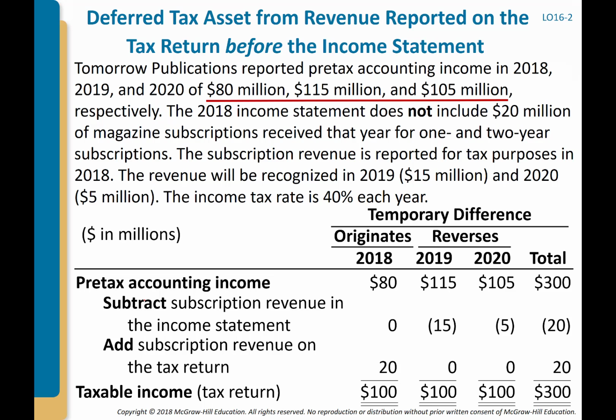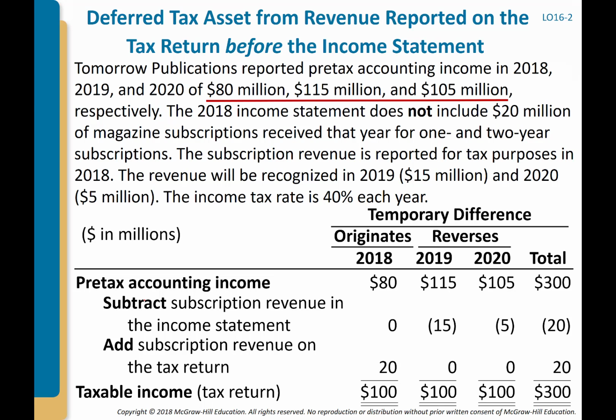We'll turn around by 15 in 2019 and 5 by 2020. So we've got total amounts of 20 that we've prepaid the tax on, haven't we?